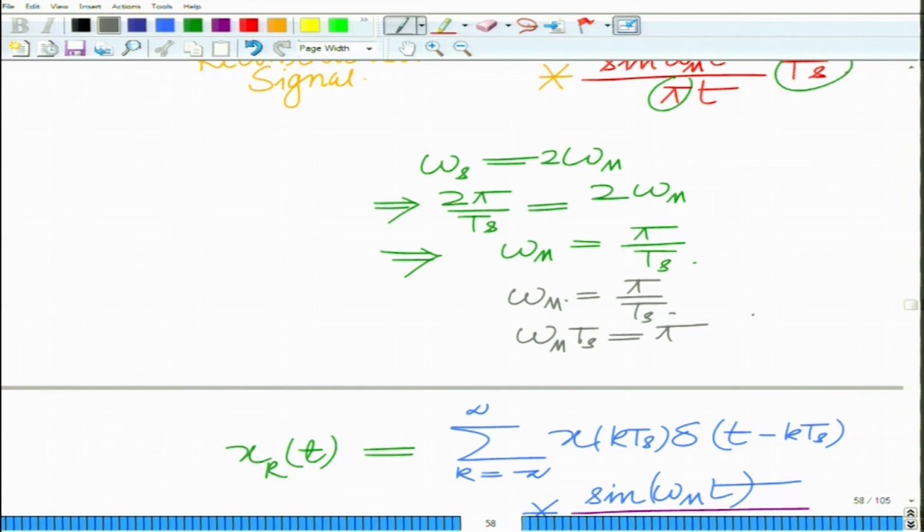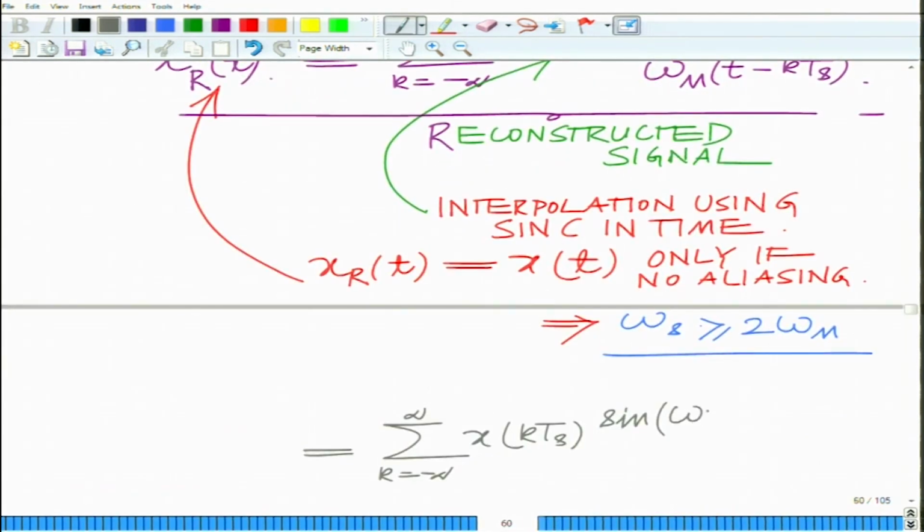So this will be sine of omega m into t minus k omega m into T s, that is k pi, divided by omega m into t minus k pi, since omega m T s equals pi, correct.